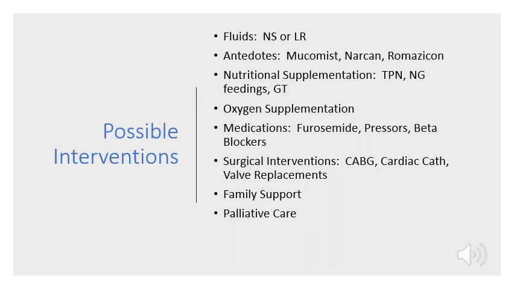Toxins could be treated with a reversal agent, and they may need nutritional supplementation due to getting tired too easily with feeding. Medications can be used. Surgical interventions. It's really important to support the family during this time. It can be a really scary time for parents, and then sometimes we need to provide palliative care.